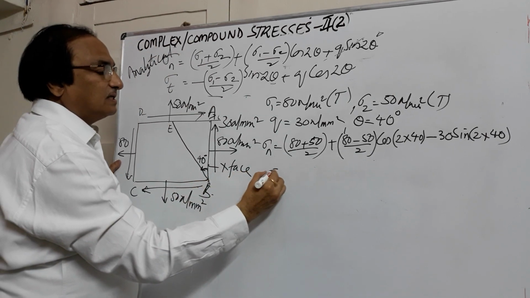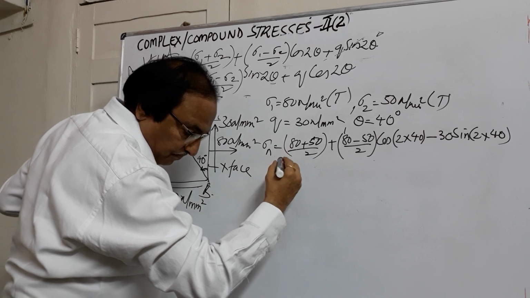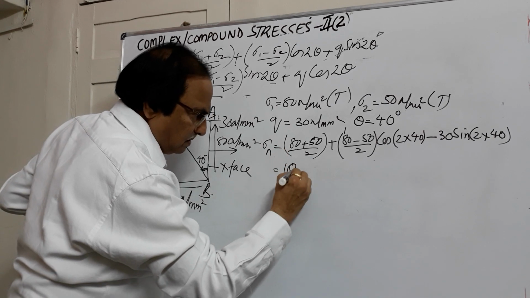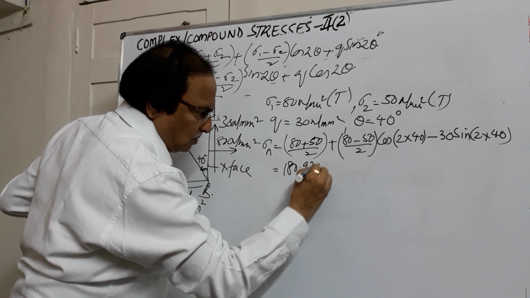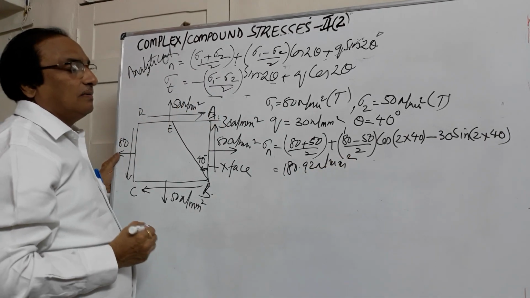If you simplify this, you get the value of sigma n equal to 180.92 Newton per mm square.